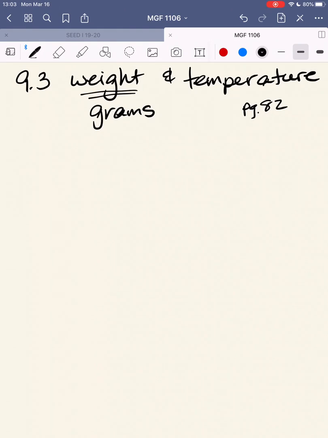I'm going to convert 4.2 dg, or decigrams, to milligrams, which means I'm moving 2 units over.